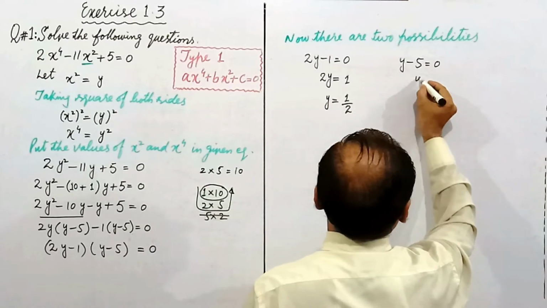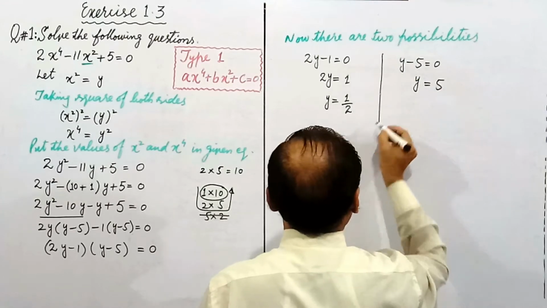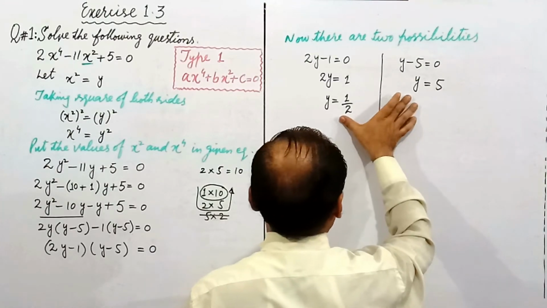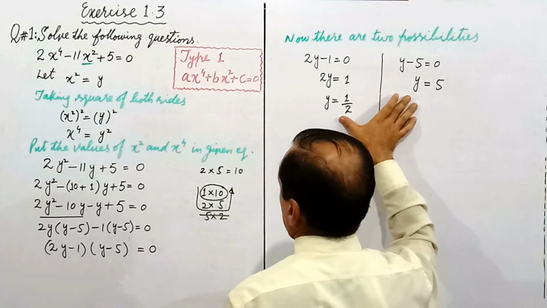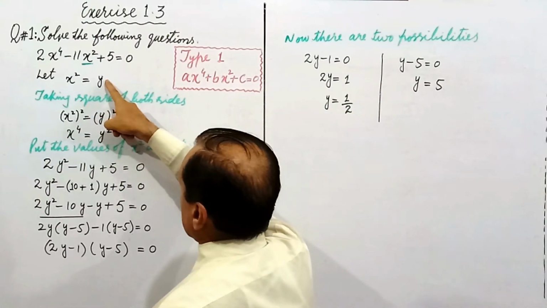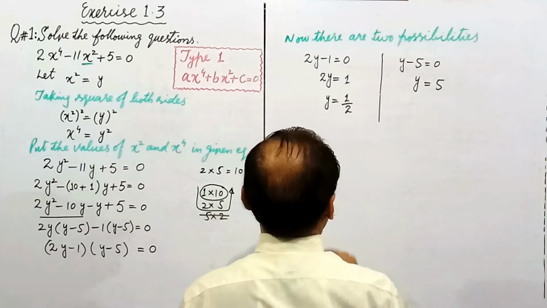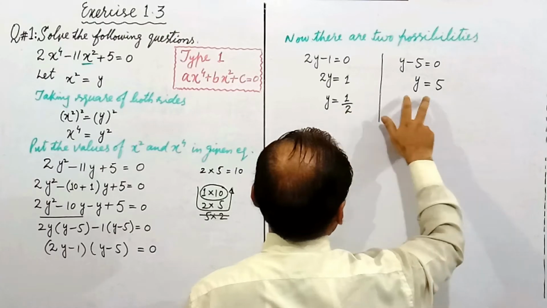For the second, minus 5 is taken to the right, that becomes 5. We find the two values of y, and substitute them in our supposition, y is equal to x squared, in these two equations.